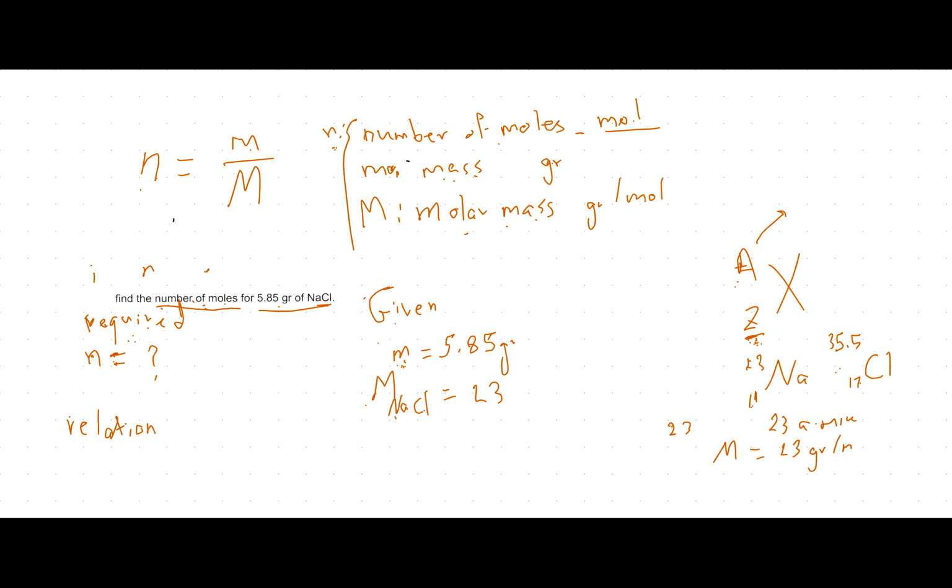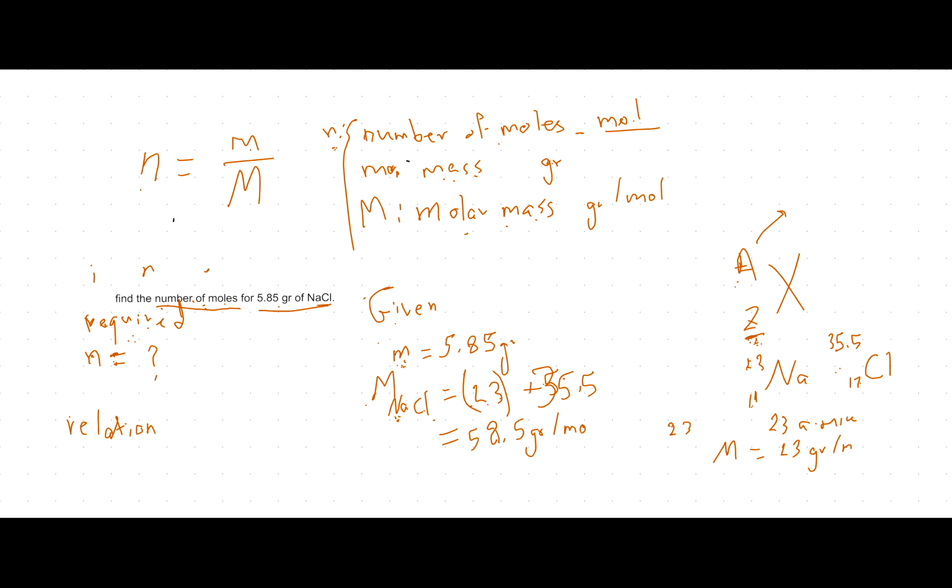So I need only one times 23 because I have only one sodium, and the chlorine is 35.5. So my answer is 58.5 gram per mole. This is what my periodic table says.